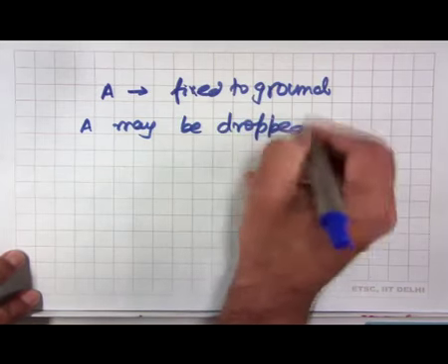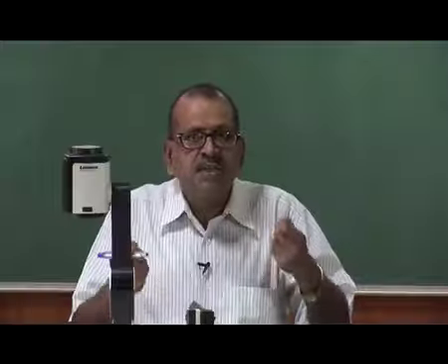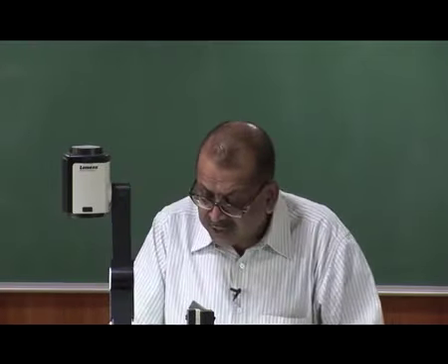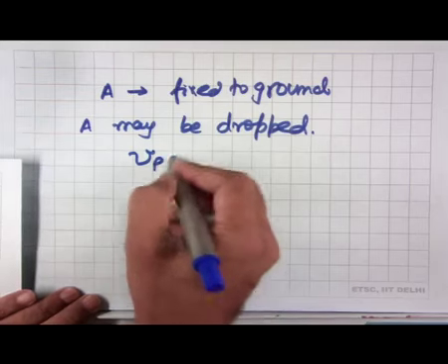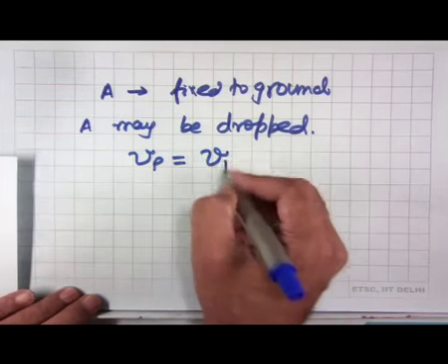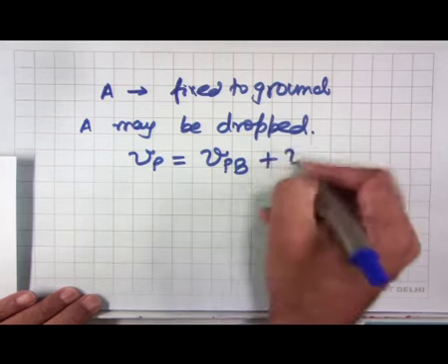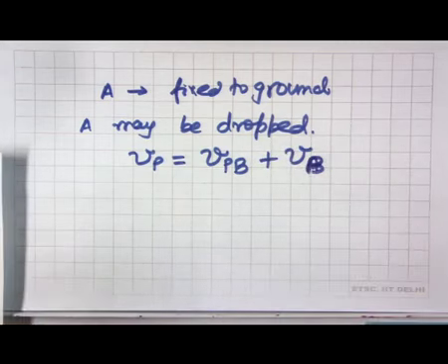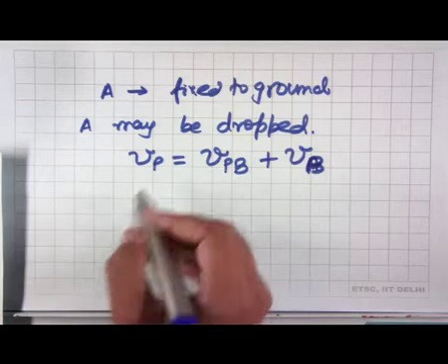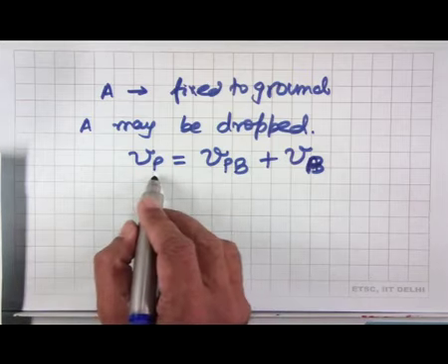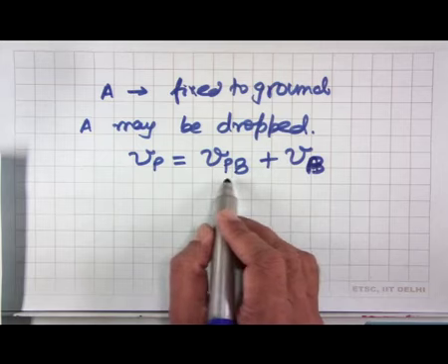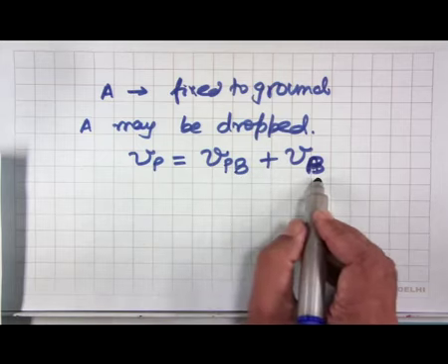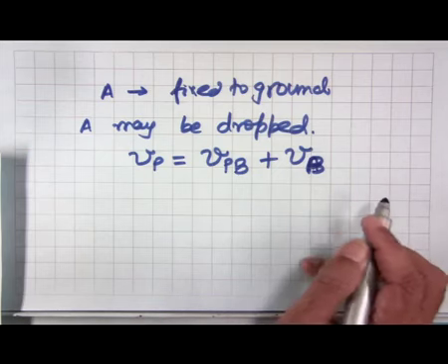Then the relation becomes VP equals VP with respect to B plus VB. Which means the velocity of point P as observed from ground is equal to the velocity of P as observed from frame B plus the velocity of B as observed from ground.